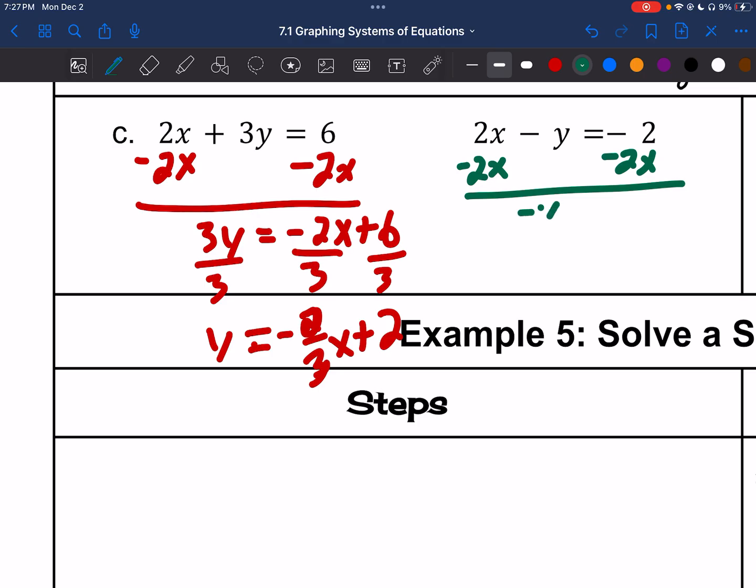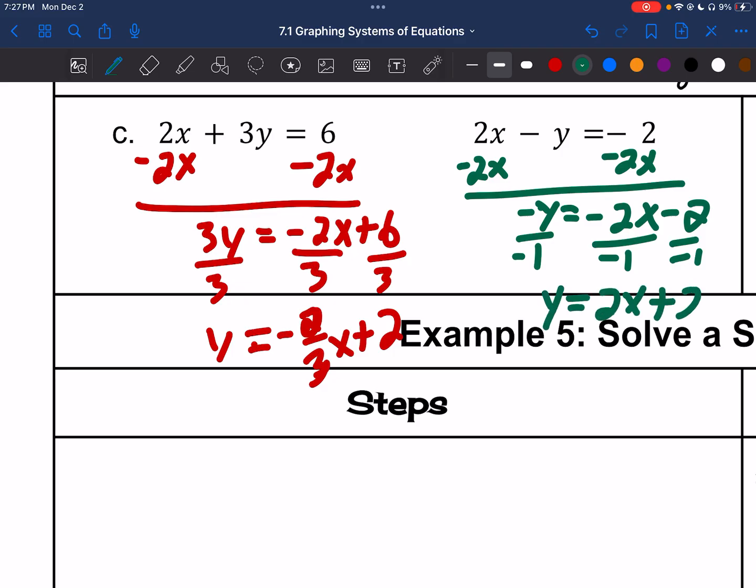And we get negative y is equal to negative 2x minus 2, and then we divide by negative 1, you get y equals 2x plus 2. So they do have the same y-intercept, but that doesn't matter. And actually, it does kind of a little bit. They have different slopes, so this is one solution. It has one solution. And ironically enough, it will be at the y-intercept of 2, because that is a place that they both have in common.